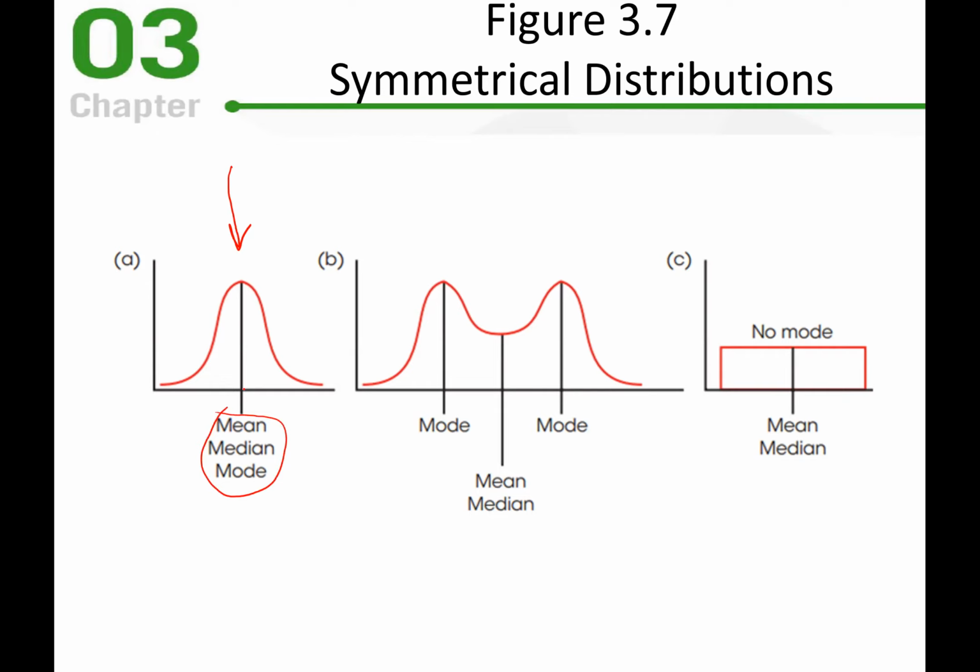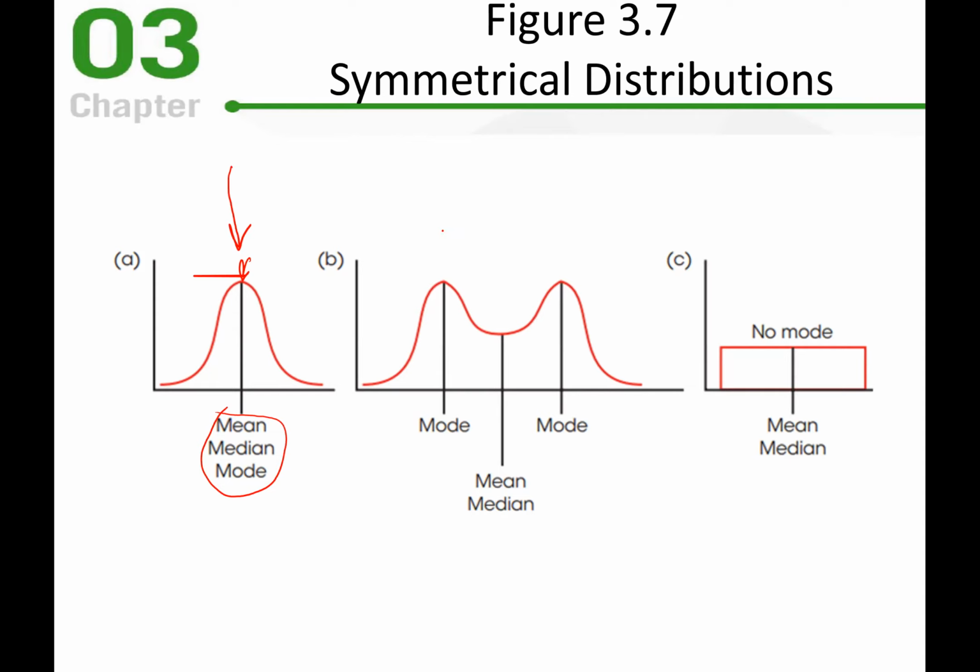Like I said, if it's a symmetrical distribution, the mean and the median are going to have the same number. If there's only one mode, which there is, then that too is going to be the same number as the median, the middle number, and the mean, which is the balance point, in talking about the distance of each score from the mean.